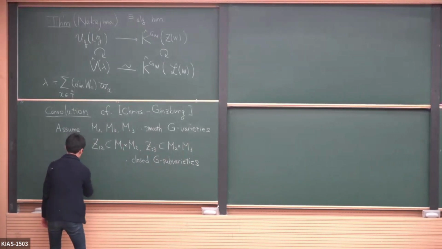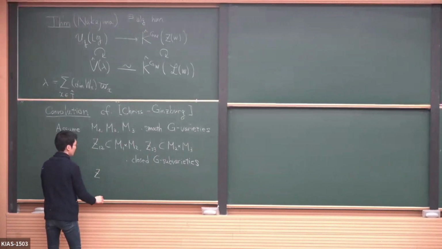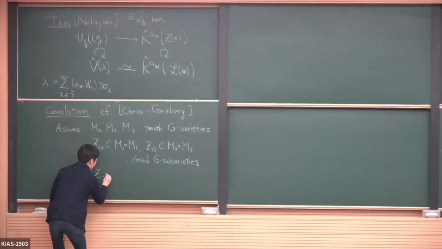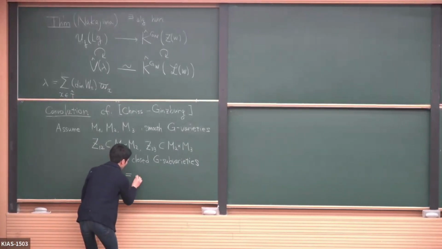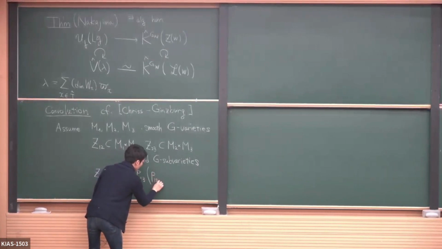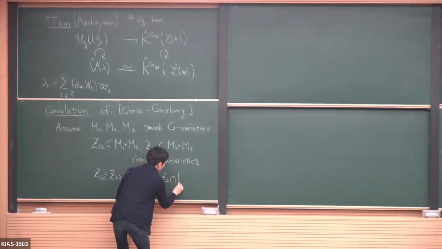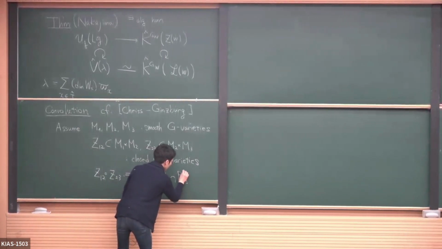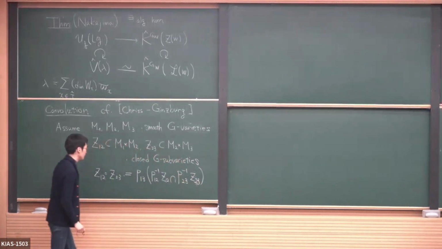And we define the composition of Z12 and Z23 to be something like this.